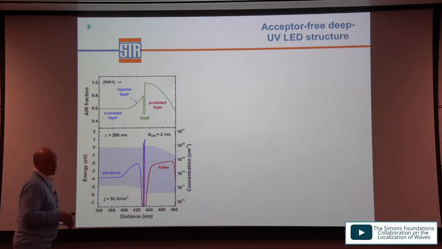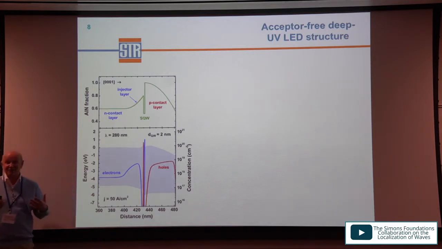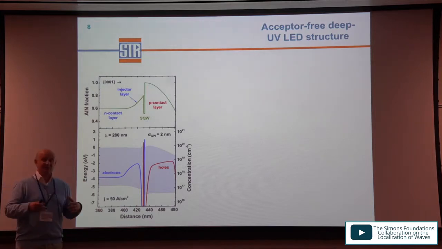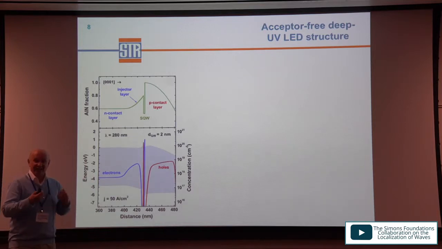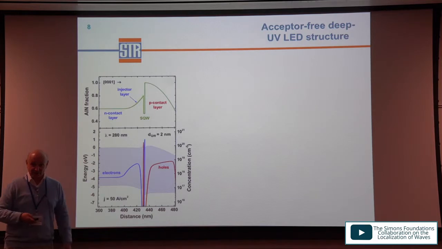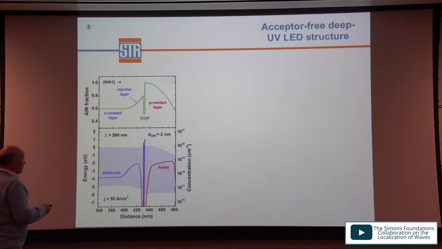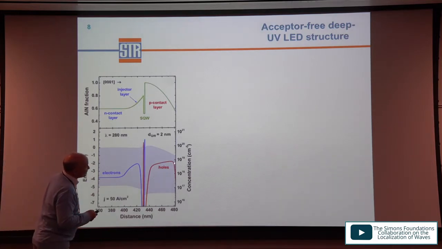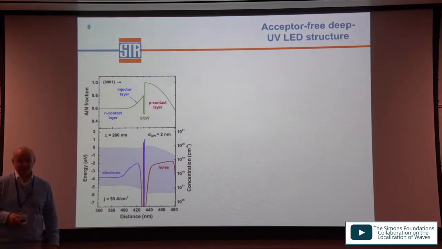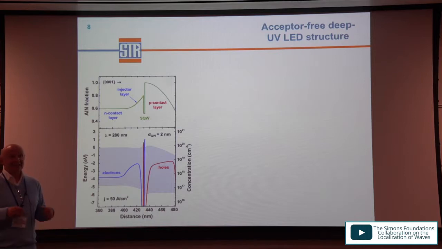This doesn't mean that polarization doping by itself produces holes. This means that polarization doping produces the space charge which accumulates holes, attracts holes from other parts of the structure. But what we can see here is that the concentration of holes is about 10^19. Such a concentration can never be obtained by impurity doping in such a semiconductor structure.